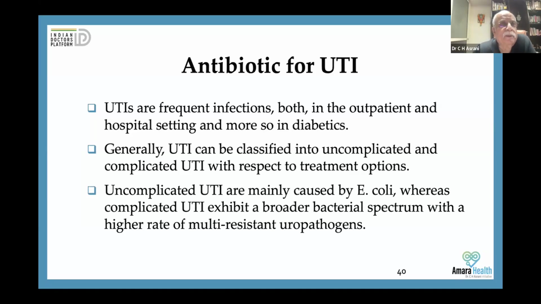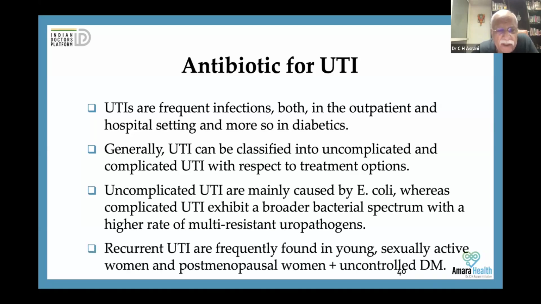Uncomplicated are mainly caused by E. coli, whereas complicated will be caused by Pseudomonas, Proteus, or other bacteria, and may be multi-resistant pathogens. Recurrent UTI are frequently found in young, sexually active women and postmenopausal women, plus those in uncontrolled diabetes mellitus.